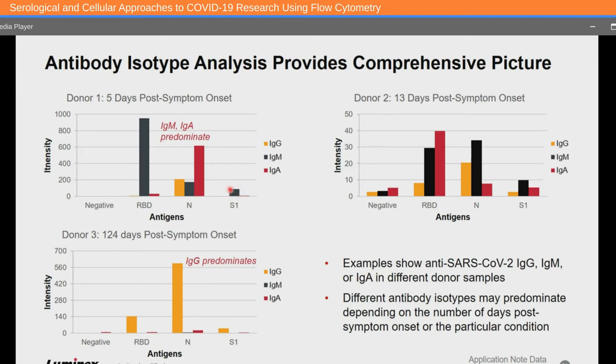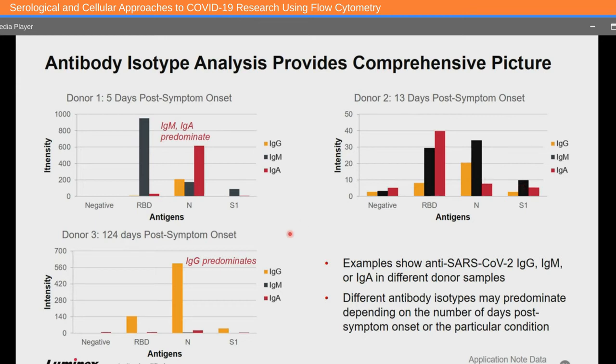Donor 2 is another kind of sample where the donor is 13 days post-symptom onset, and samples from this donor were analyzed with the assay, and what we notice is that there appear to be good levels of IgG, IgM, and IgA isotypes all present in this particular sample.